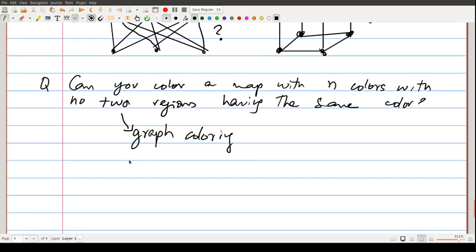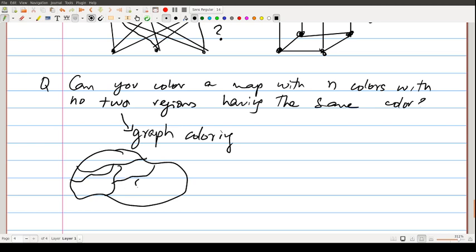So you just take a map. Let's say you have this map with some regions in it, labeled A, B, C, D, E, F, G. Instead of thinking about it like a map, you can draw a corresponding graph.